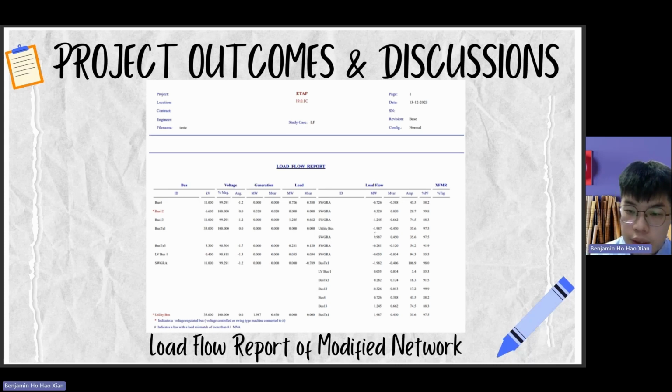For the load flow, some are positive and some negative for megawatt and megavar, which are P and Q. For the current in amperes, 3 are below 40, which are SWGRA at 28.7, low voltage bus 1 at 3.4, and bus transformer 3 at 16.3. For the power factor, all are above 0.8, which is a very good power factor.